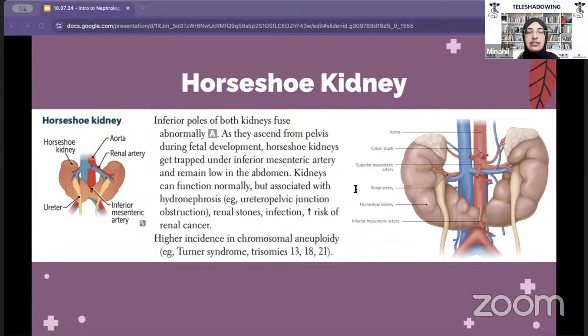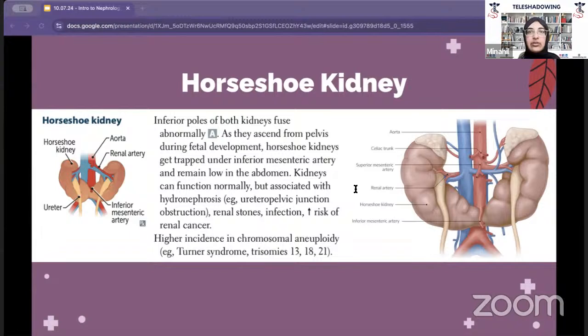Because of this altered positioning and drainage pattern, people with horseshoe kidney have a higher risk of certain conditions like renal stones, because the urinary stasis can lead to the formation of kidney stones. The minerals in the urine can crystallize and eventually form solid masses. Stones can block the urinary tract and cause pain and further complications.